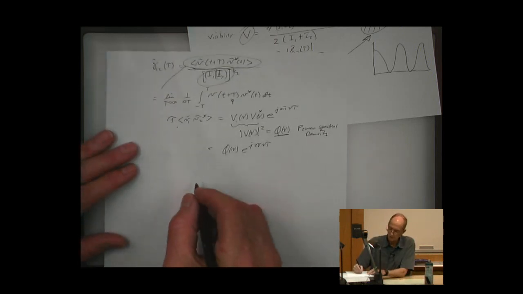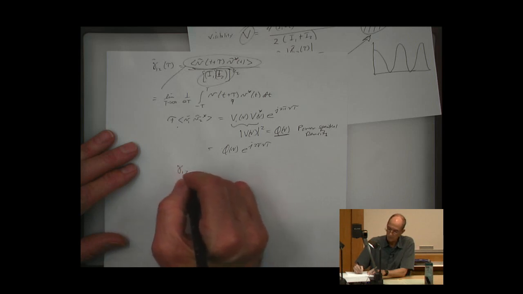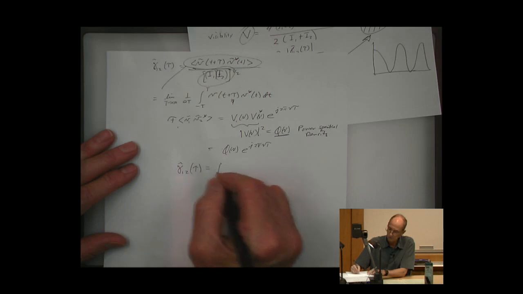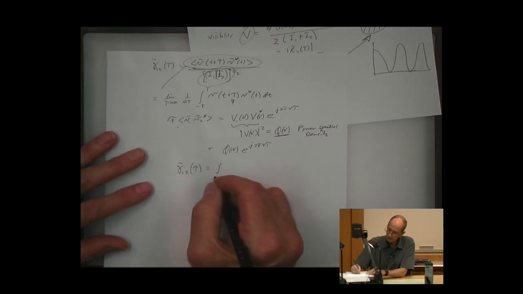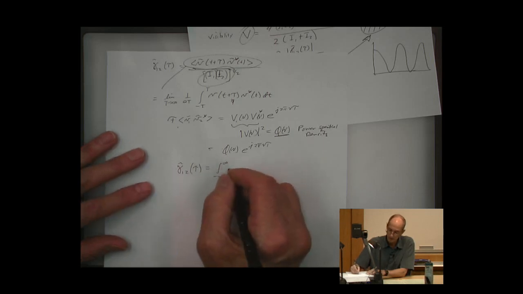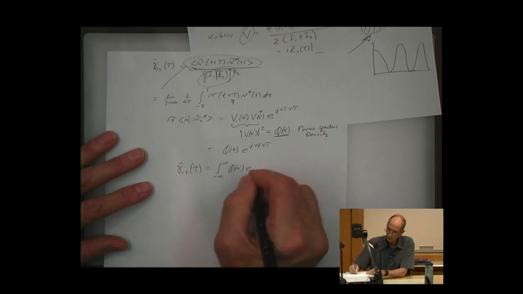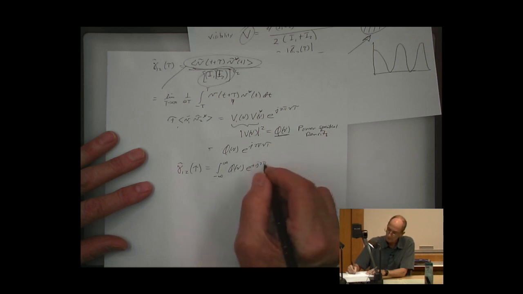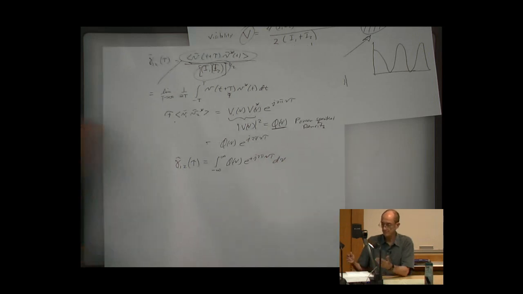So we could just say this is a normalized function and come up with our definition now for gamma 1 2 of tau, which is just equal to the integral from minus infinity to infinity of phi of nu e to the plus j 2 pi nu tau, oh, I'm sorry, that's a plus there, integrated over d nu.